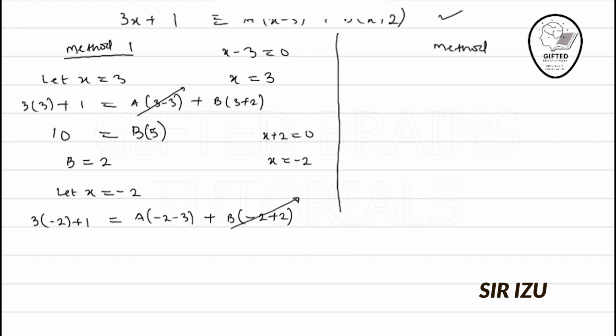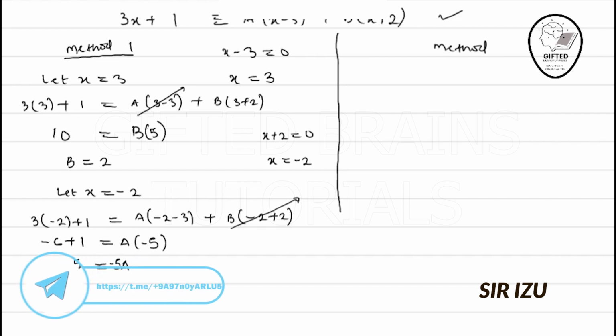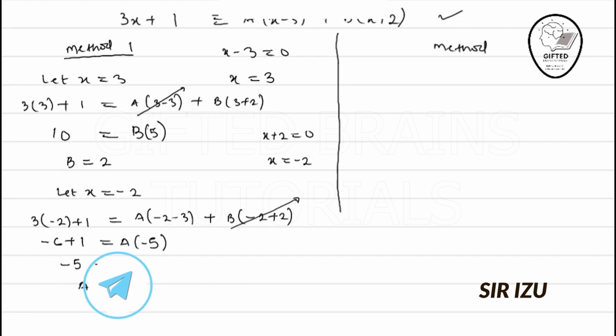That is gone. And then 3 times minus 2 will give me minus 6 plus 1 equal to a into minus 5. So at the end of the day, minus 6 plus 1 will give me minus 5 equal to minus 5a. And so dividing both sides by minus 5 will give me a being equal to 1. So I've gotten my a value and my b value.